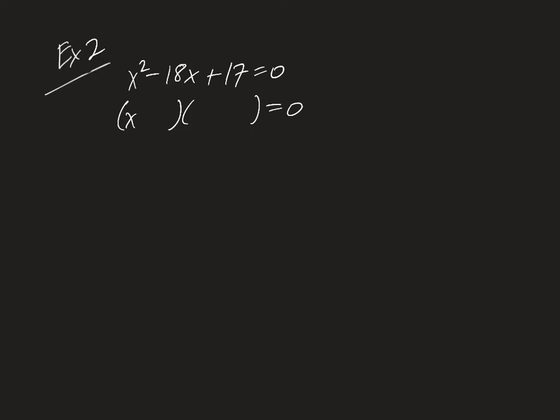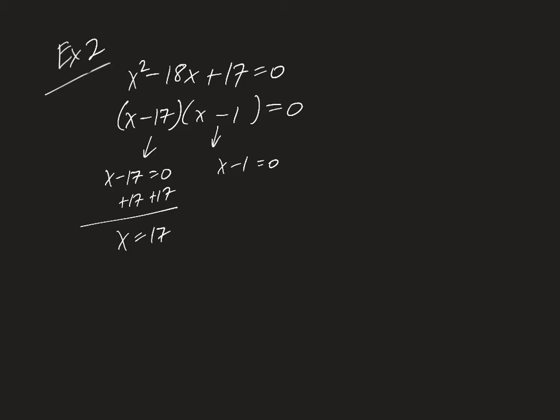Here you've got x minus 17, x minus 1. That would be the correct factoring for this. Each factor you set equal to 0, and then you solve. X could be 17 or x could be 1. So those are my answers for example 2.